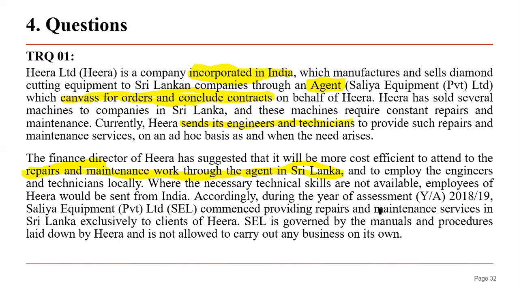the Salia Enterprises commence providing repair and maintenance service in Sri Lanka exclusively to clients of Hera. See, this wording is exclusively the clients of Hera. Then they are not doing any other service.